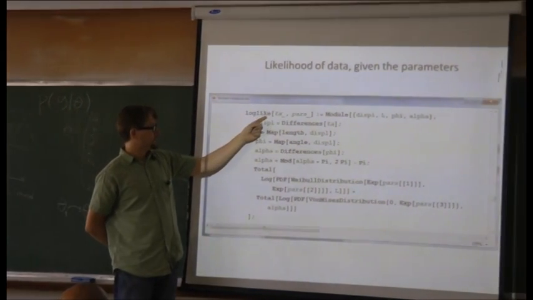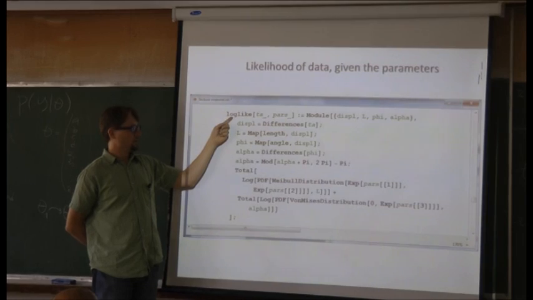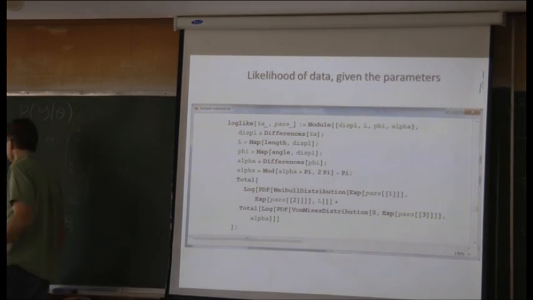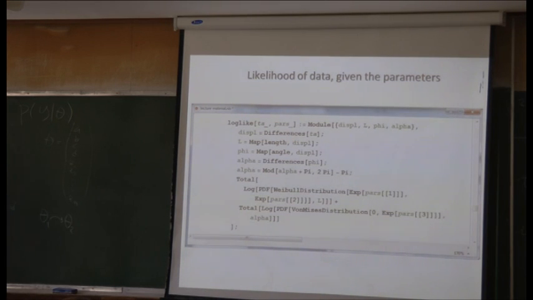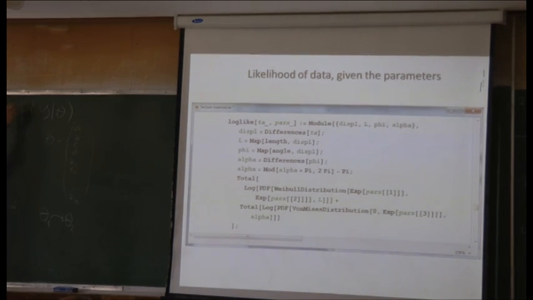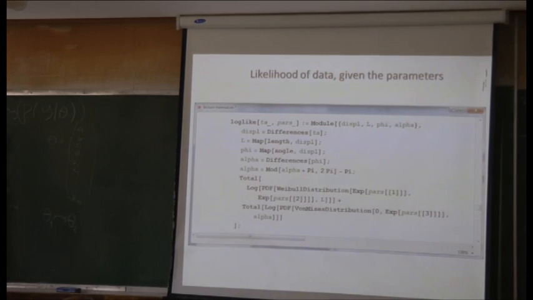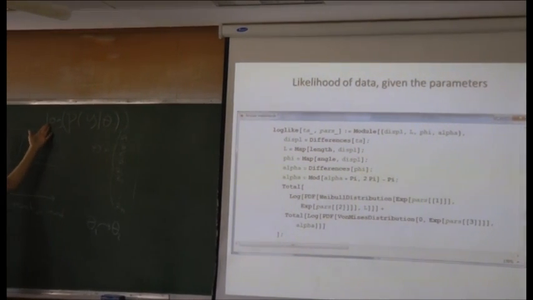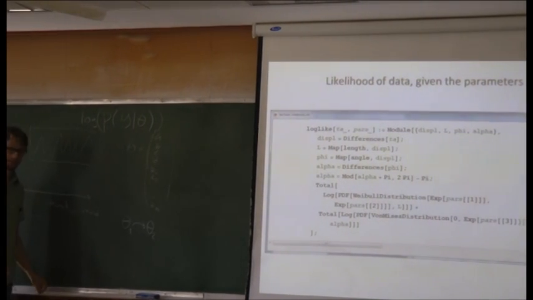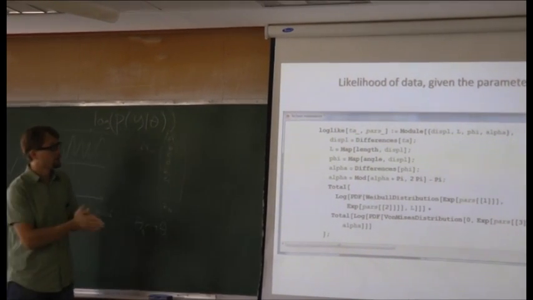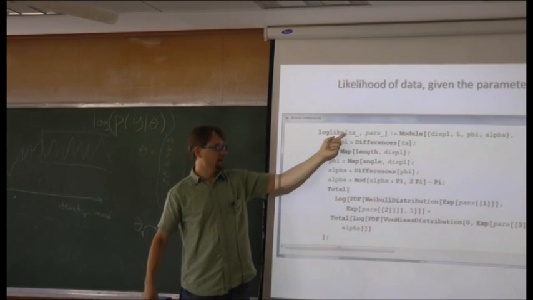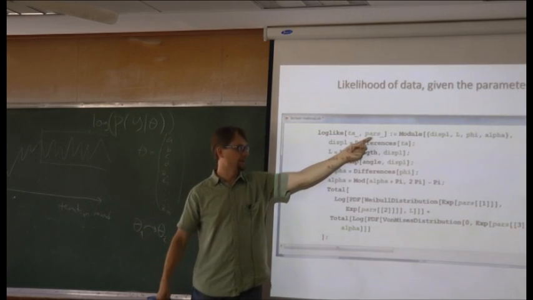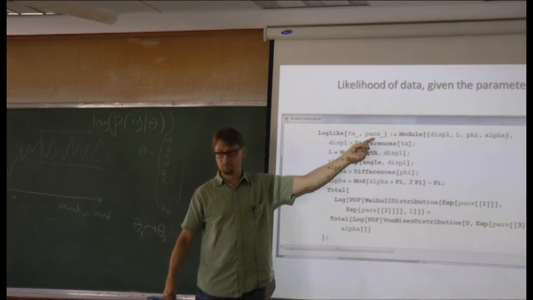In this case, this is the log likelihood of the data. So it's simply the logarithm of this expression, just for the sake that it's easier to work with the logarithms than the densities themselves, but it's the same thing. And here TA, that's my data, the table of data, and parameters is the vector of all parameters.